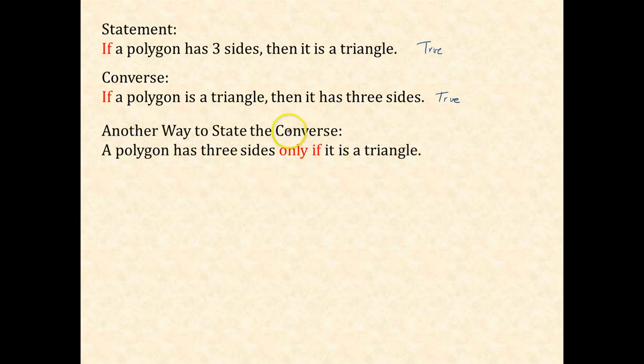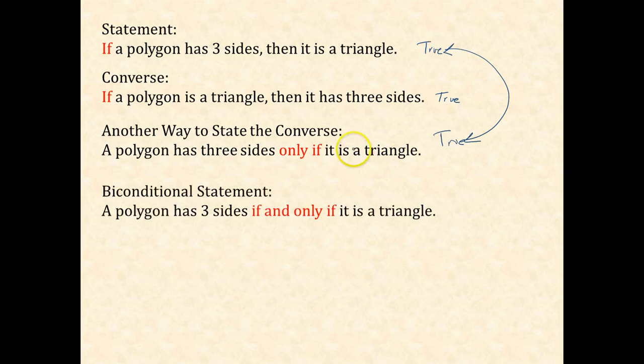Here's another way to state the converse. Another way to say if a polygon is a triangle, then it has three sides, you can say a polygon has three sides only if it is a triangle. And if both of those statements, the original statement and its converse, are true, we can kind of stick these two together into what we call a biconditional statement.